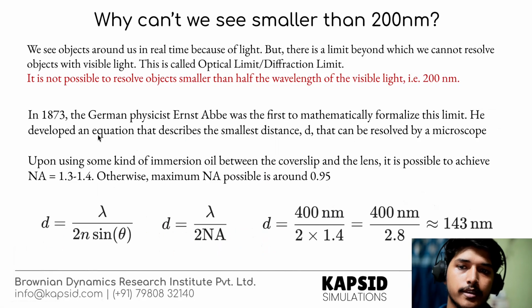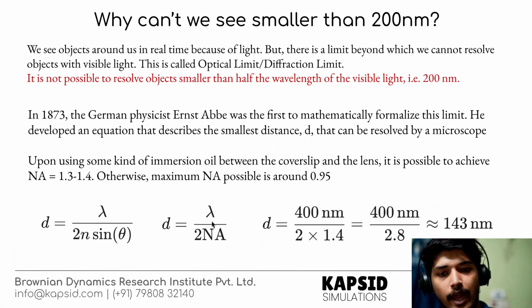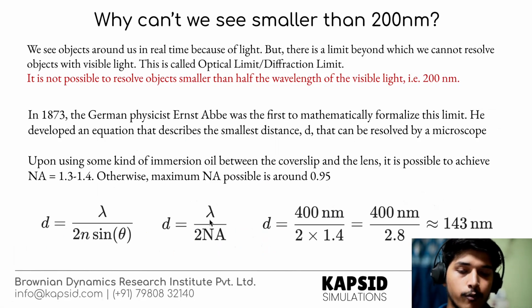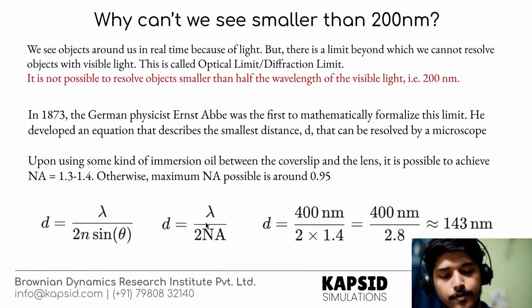They found this correlation and gave this equation, where d is the smallest resolvable object length, lambda is the wavelength of the light being used, and then we have 2 times the numerical aperture.